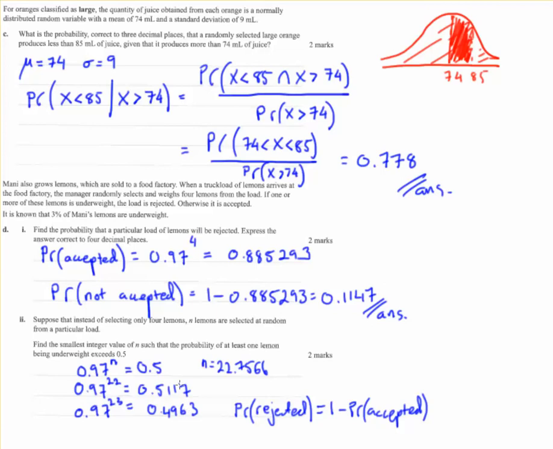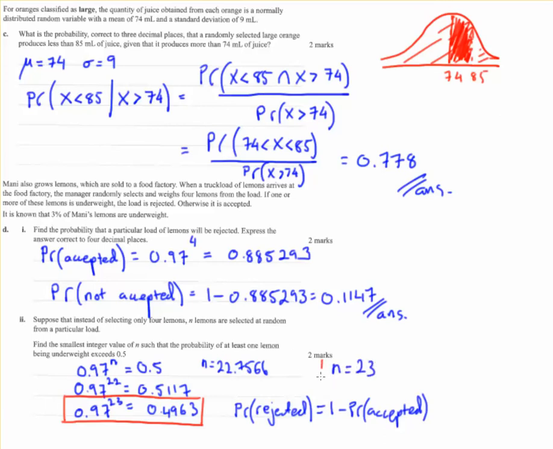If we take 1 minus both, you can see that this is the option that exceeds 0.5, so n has to equal 23.